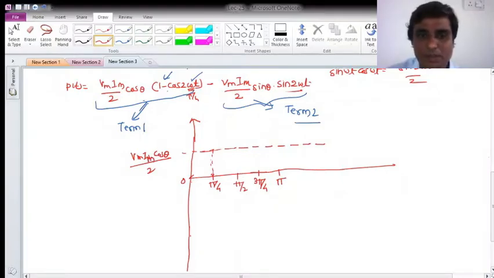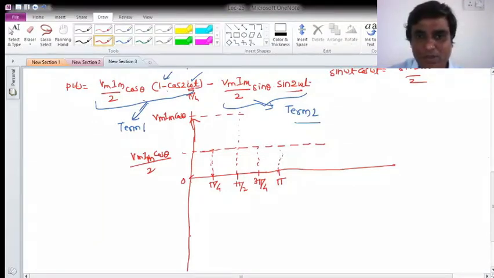When it is pi by 2, cos pi is 1, so the 2 gets cancelled and at pi by 2 I get the magnitude Vm Im cos theta. Same way for 3 pi by 4.